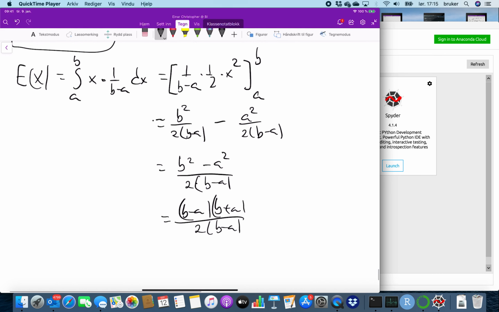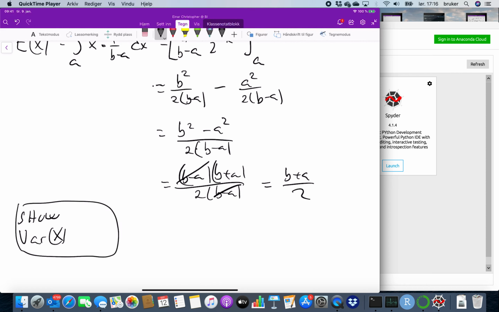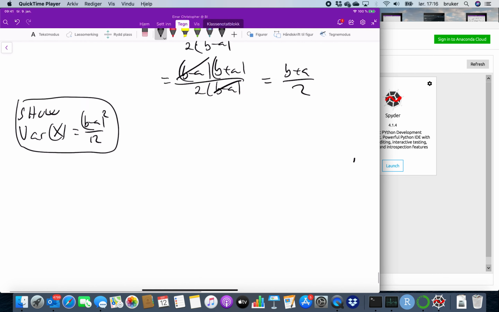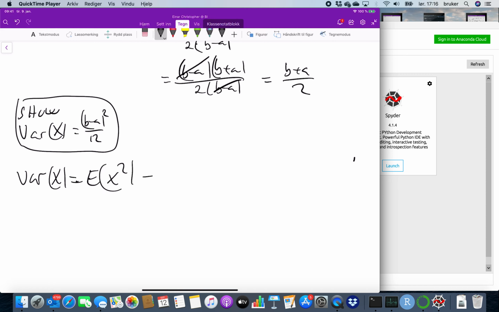And then we are going to show that the variance of x is equal b minus a in the power of 2 divided on 12. We know that the variance of x is given by the expectation of x in the power of 2 minus the expectation of x, in the power of 2.